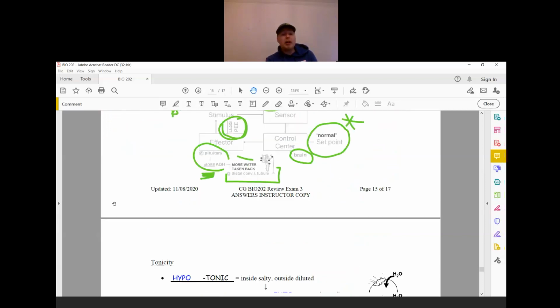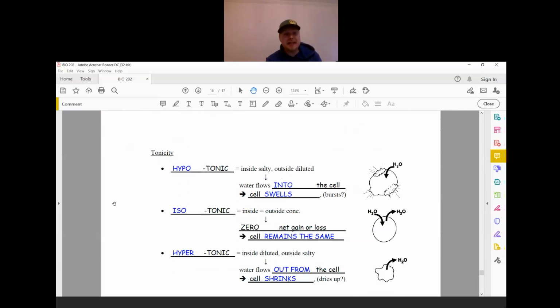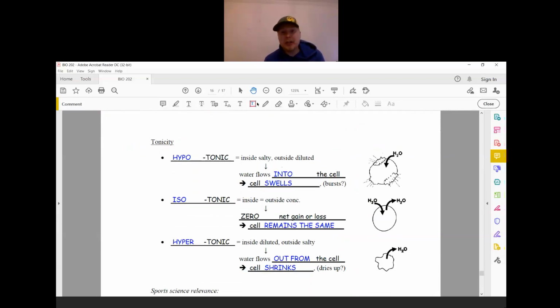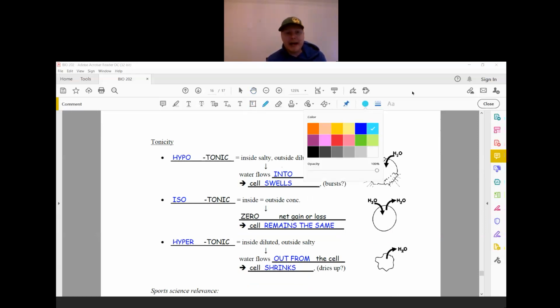And we are ready to start to look at the concept of tonicity. Again, the concept of tonicity should be something that's familiar to you from the past, but just for the sake of being safe, I am going to review that with you. And let's start by looking at a situation where we have hypotonic conditions.